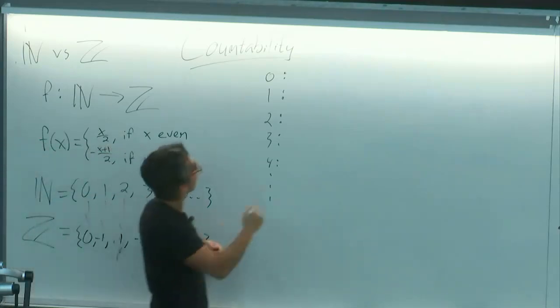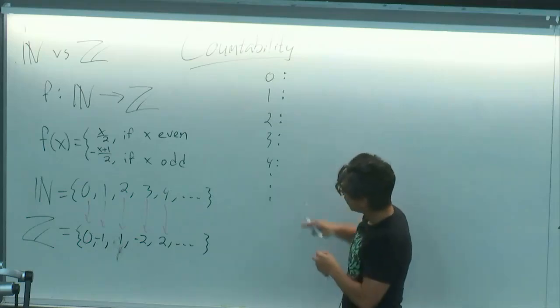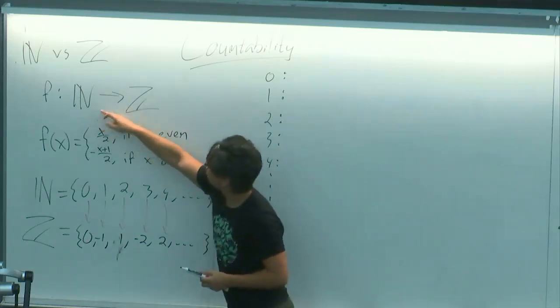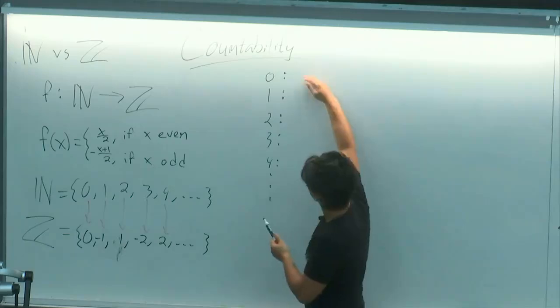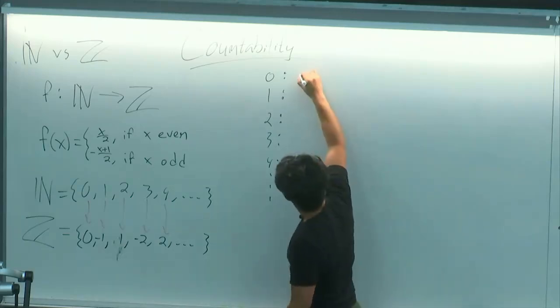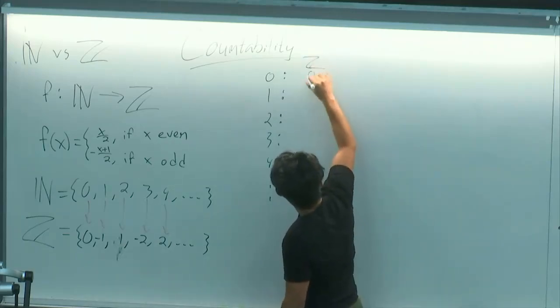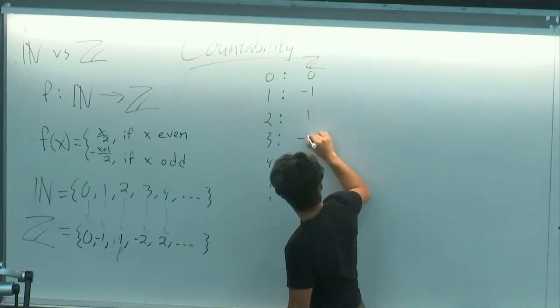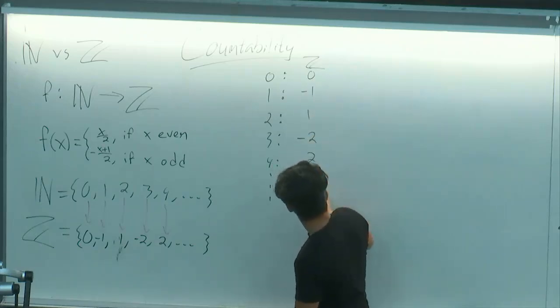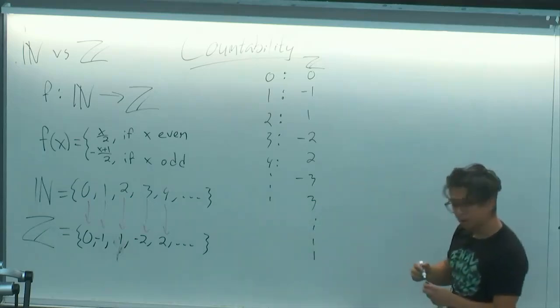So this is what it means to be countable. If you can map the natural numbers to something, you can enumerate them. So that is, here is Z. It's 0, negative 1, 1, negative 2, 2, negative 3, 3, so on.